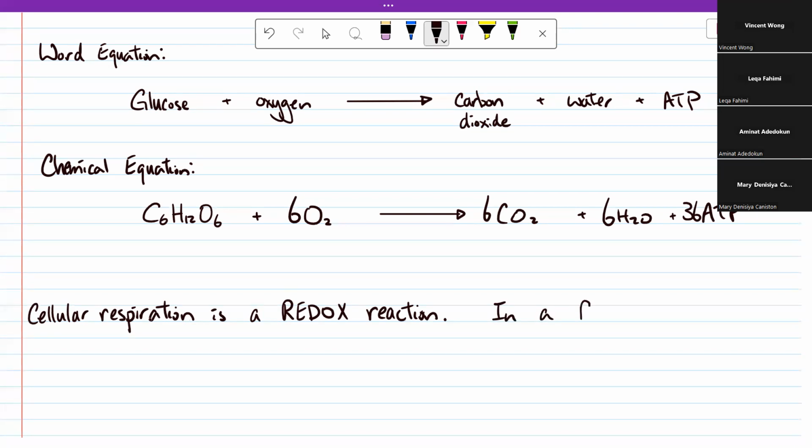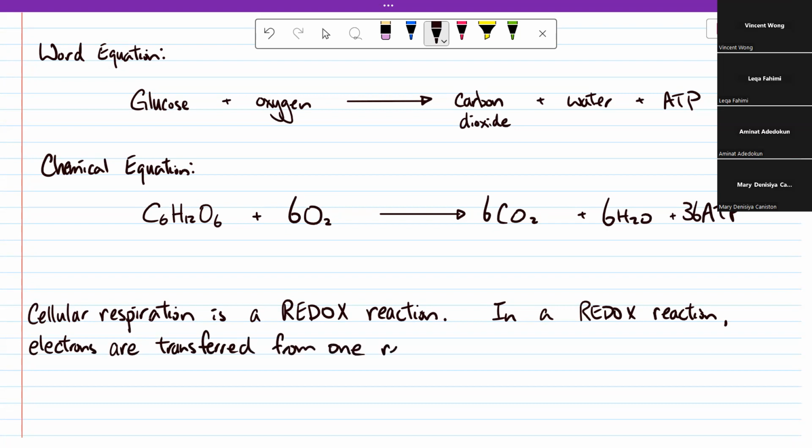In a redox reaction, electrons are transferred from one reactant to another.